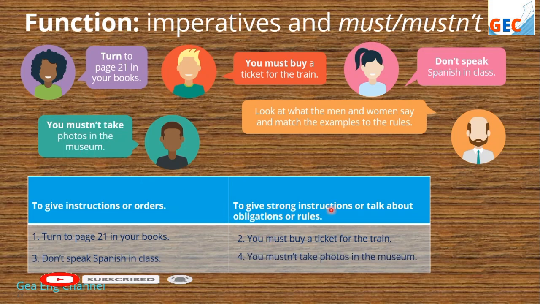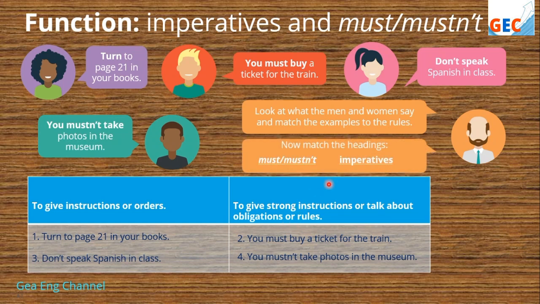This is to give strong instructions or talk about obligations or rules. Now let's continue by matching the headings here. Must and mustn't are used to give strong instructions or talk about obligations or rules. And imperatives we use when we give instructions or orders.